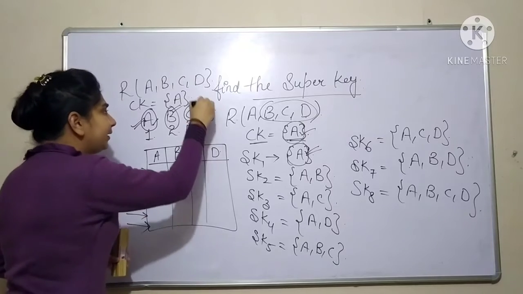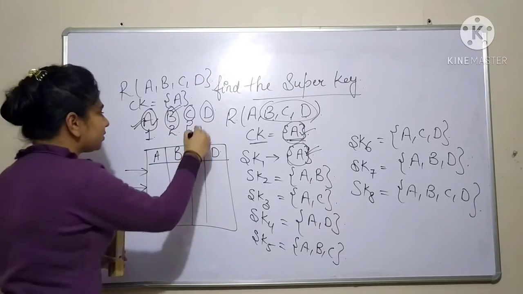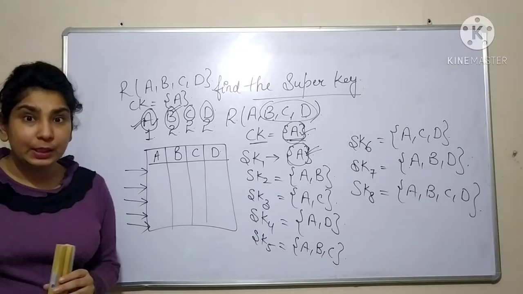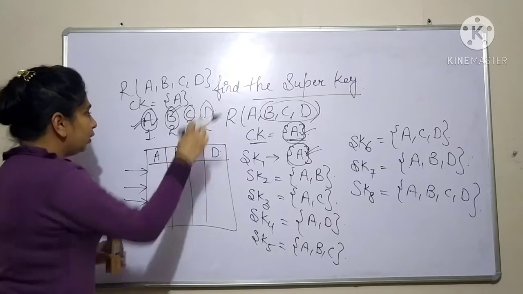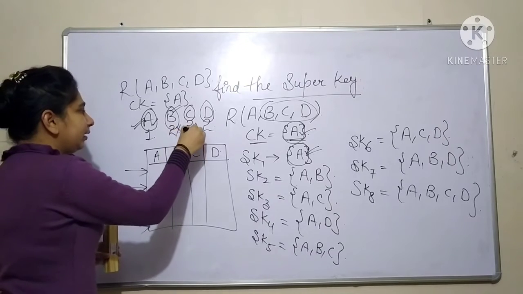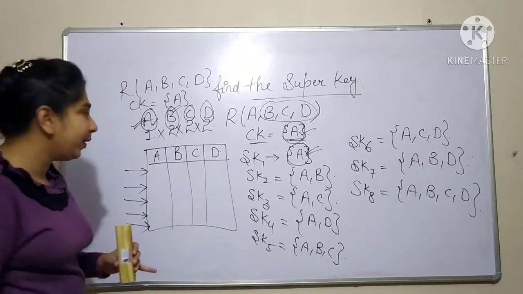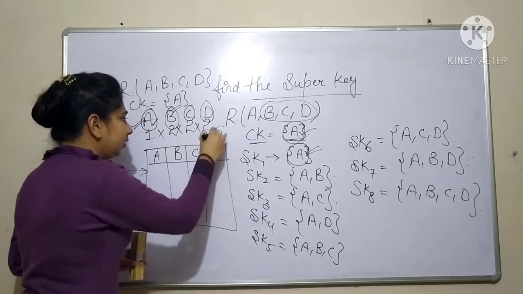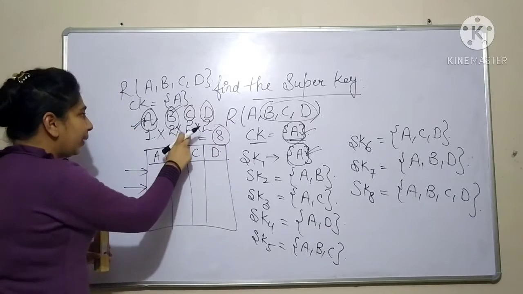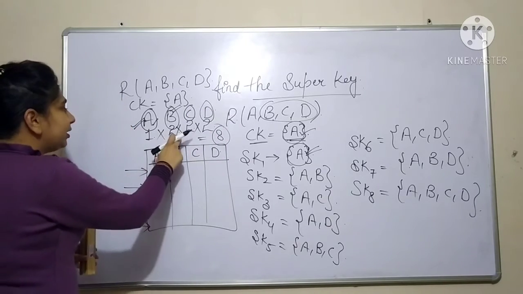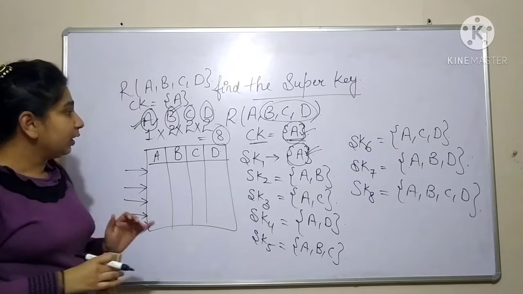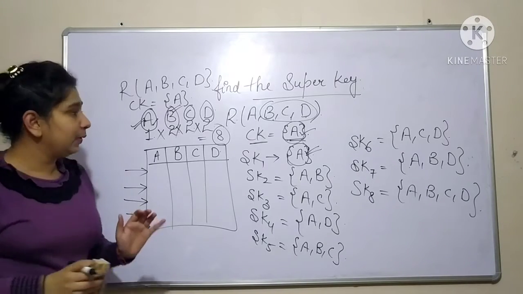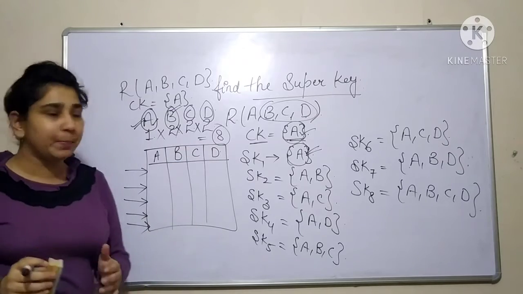For D we have 2 possibilities, either you include it or you don't. That's your choice, so multiply it. It is going to be 8. This way we can determine the total number of super keys. Now let me modify this example.